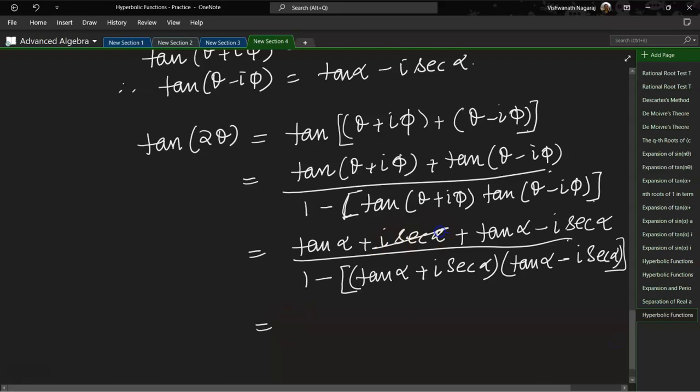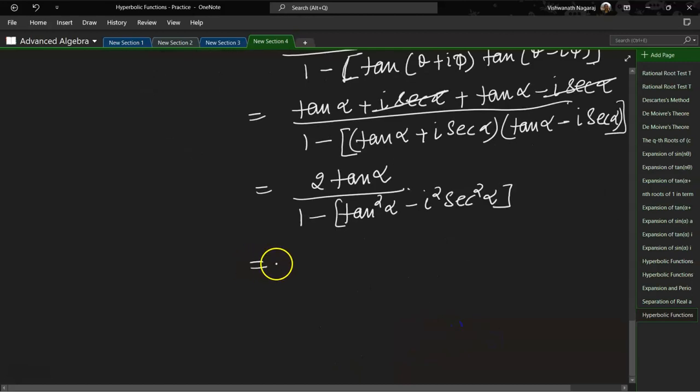Now here i sec and i sec will disappear. We are left with 2 tan alpha by 1 minus, A plus B times A minus B is tan square alpha minus i square sec square alpha. Okay, so this is equal to 2 tan alpha by 1 minus tan square alpha plus i square is minus 1, minus into minus plus, plus into minus minus. So minus sec square alpha.